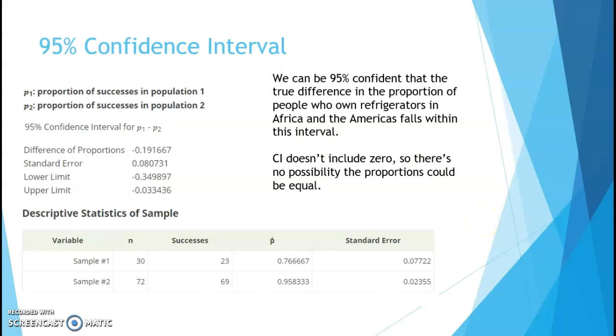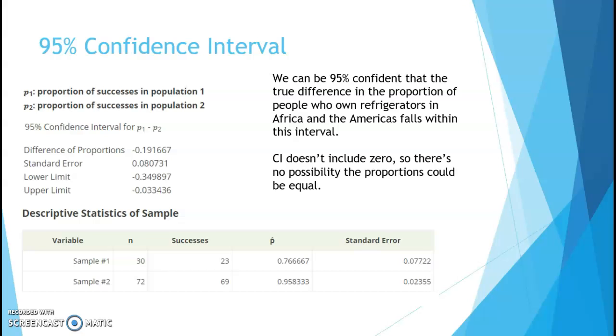Next, I did a 95% confidence interval. The lower limit of this confidence interval is negative 0.349897, and the upper limit is negative 0.033436. What this means is we can be 95% confident that the true difference in the proportion of people who own refrigerators in Africa and the Americas falls within this interval.